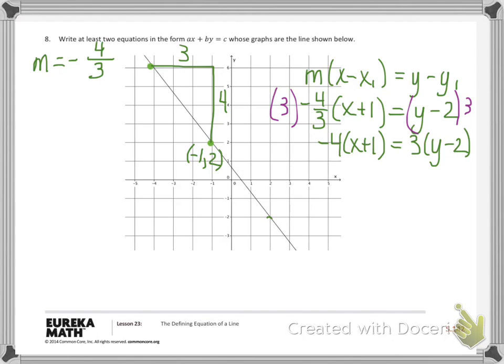Okay, now I'll use the distributive property and get my terms here. So I've got -4x minus 4 is equal to 3y minus 6. Okay, now I want to get these constants together here, so I'm going to add 4 to both sides.